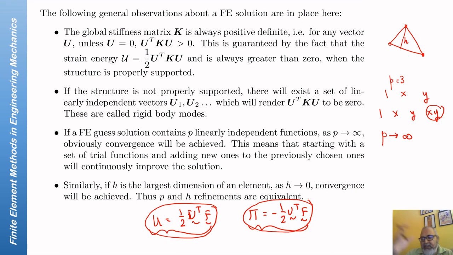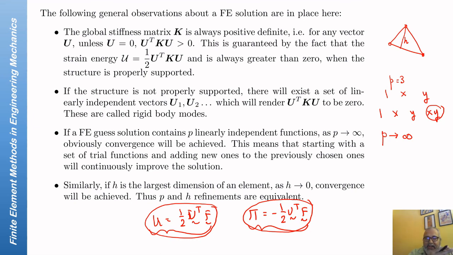One is I increase the number of trial functions. I keep adding trial functions to a previously existing set of trial functions, or I reduce the size of elements. They are called P refinement and H refinement, and both are equivalent because both of them will take us to a better solution. So we call this the property of monotonic convergence.